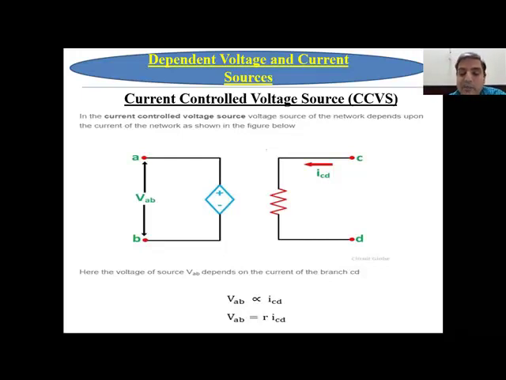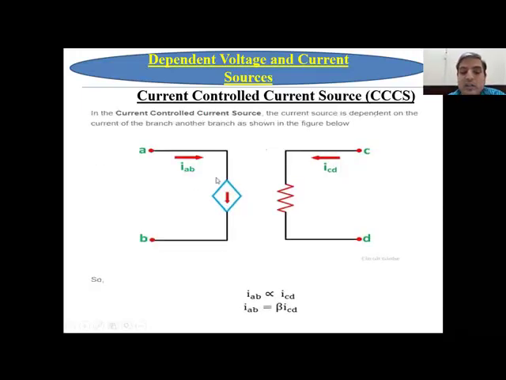Here we have taken one resistive component in the output side. So here you can see in the input side we have a diamond shape with an arrow sign. We can understand very easily that it's a current source, and it's a diamond shape. It means it's a controlled current source. With the equation given along with this diamond source, we can find out whether this value is depending on the voltage or current.